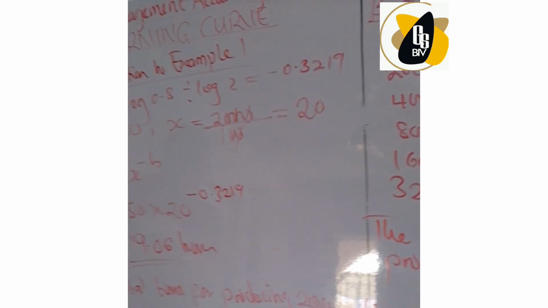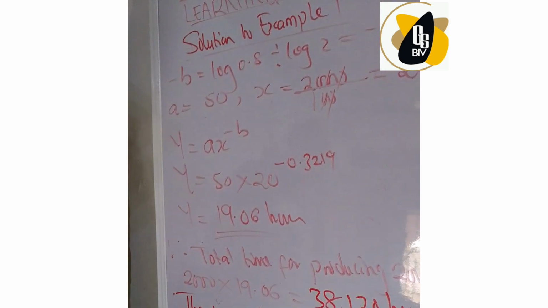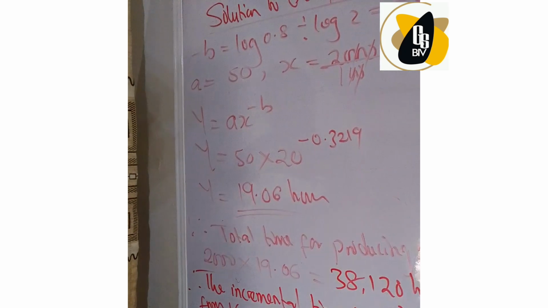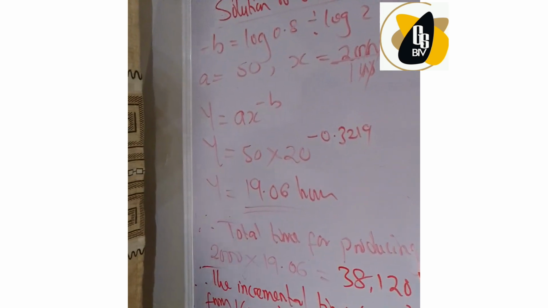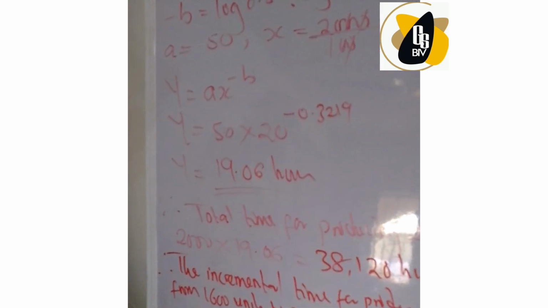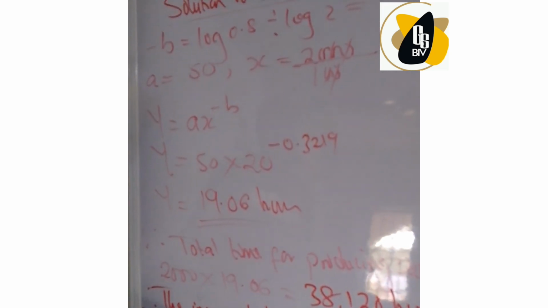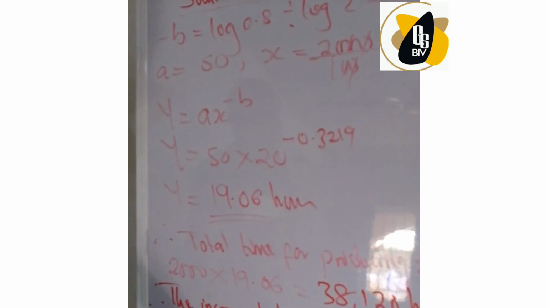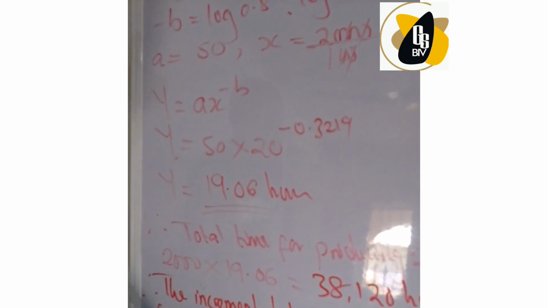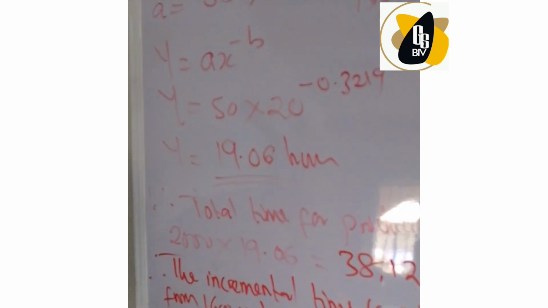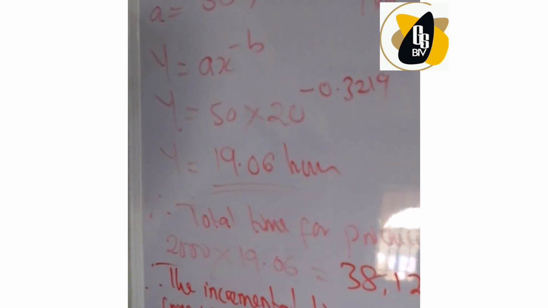That will give us what? Right? So the incremental time for producing from 1600 units to 2000 units is the total time for producing 2000 units minus total time for producing 1600 units, which is 38,120 minus 32,768, and that will give us 5,352 hours.